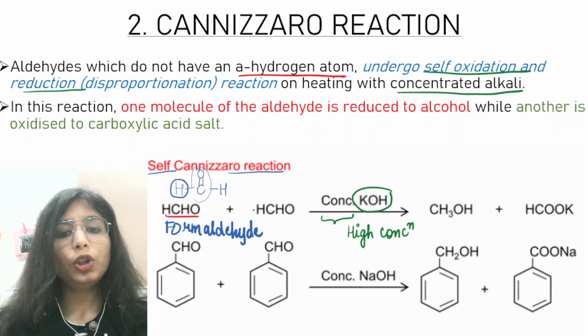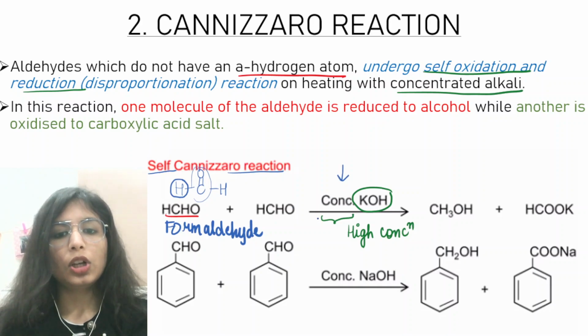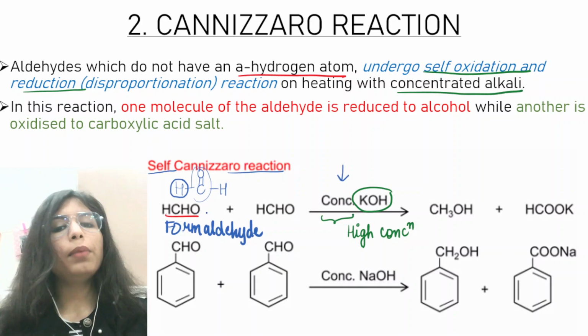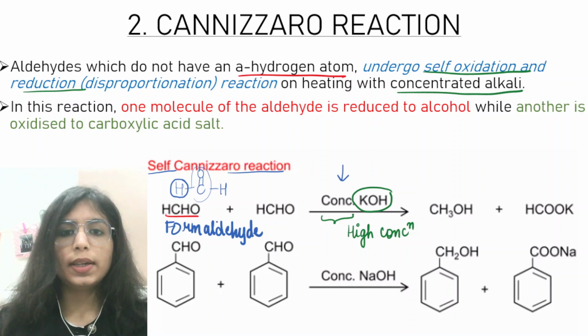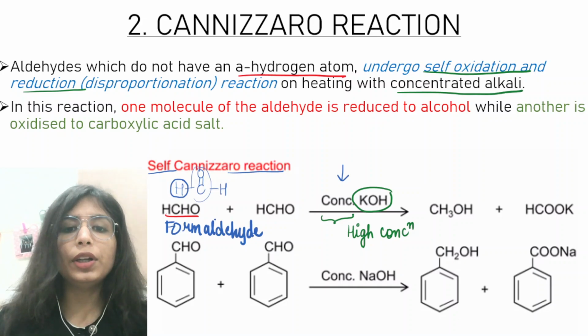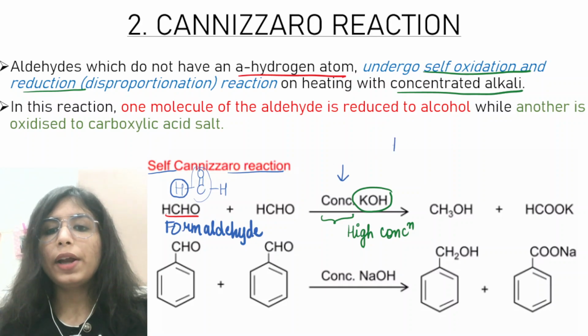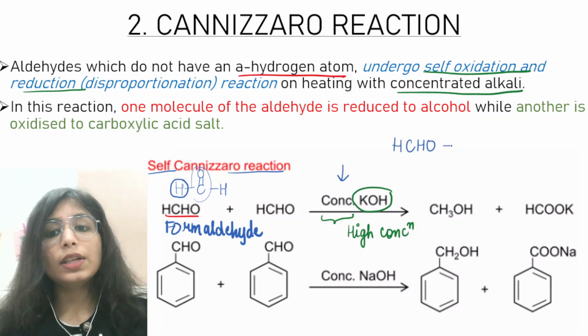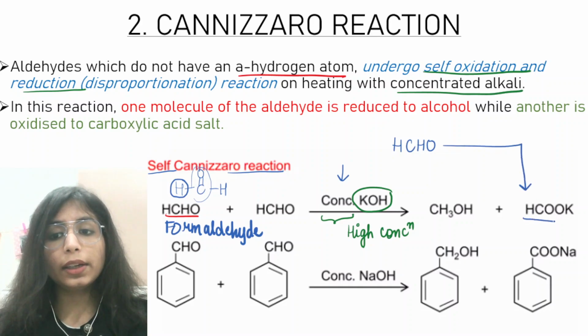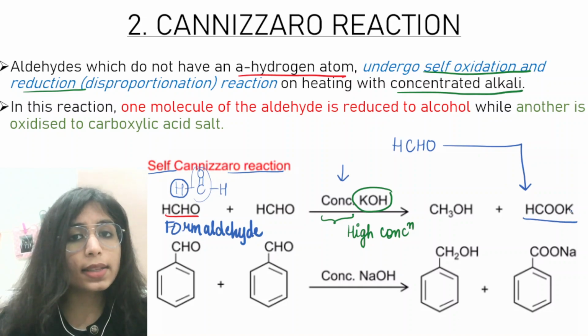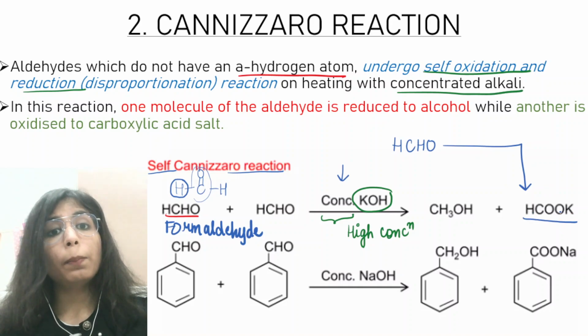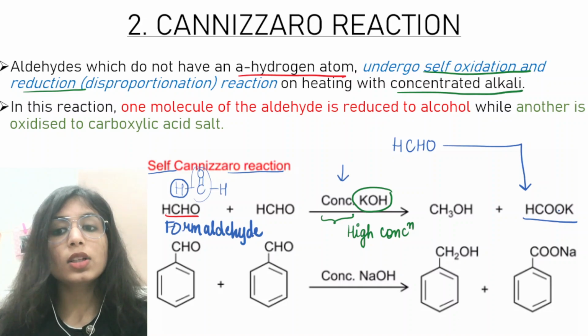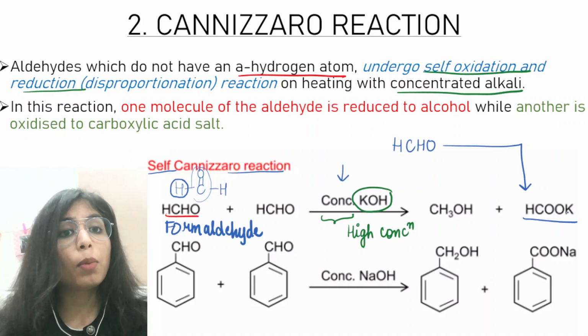So you have taken 2 moles of formaldehyde and you are treating it with conc KOH. So basically here, one molecule of formaldehyde will be oxidized and one molecule would be reduced. If I talk about the oxidation product of an aldehyde, aldehyde is oxidized into carboxylic acid, but instead here you are not getting the carboxylic acid itself, but to be more precise, you are getting the potassium salt of the carboxylic acid.